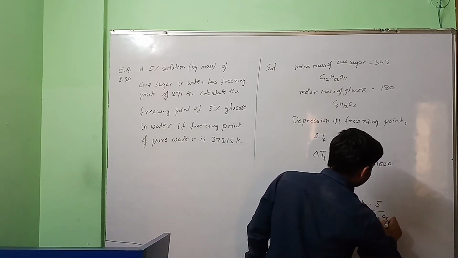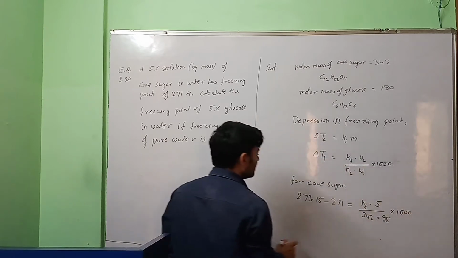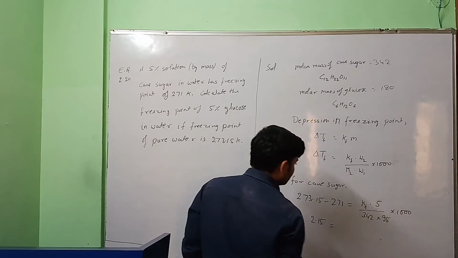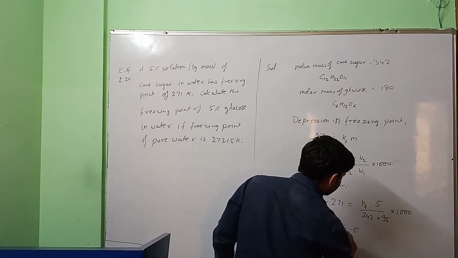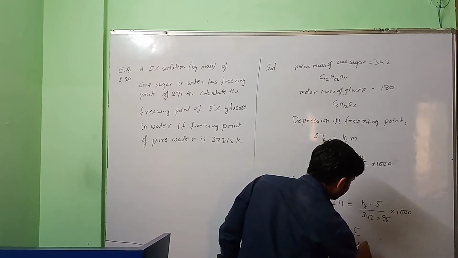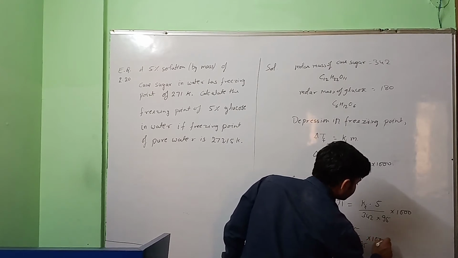W1 is 95, into 1000. So we will get 2.15 equal to KF into 5 upon 342 into 95 into 1000.